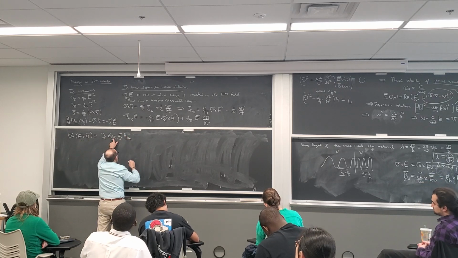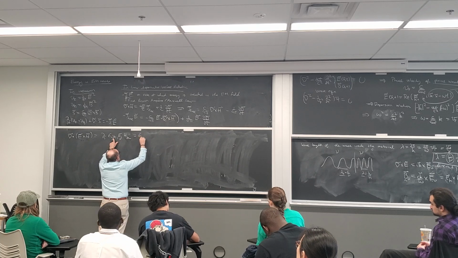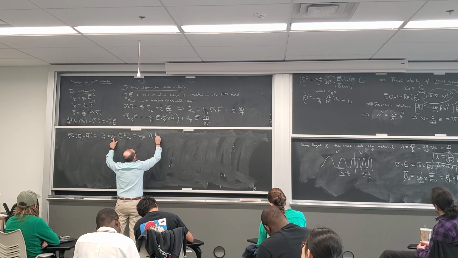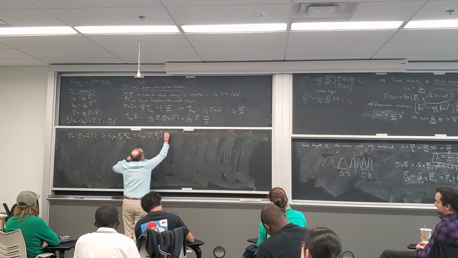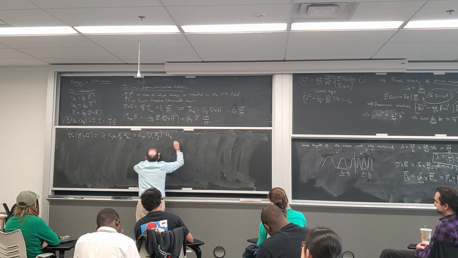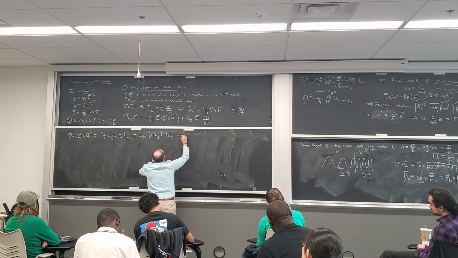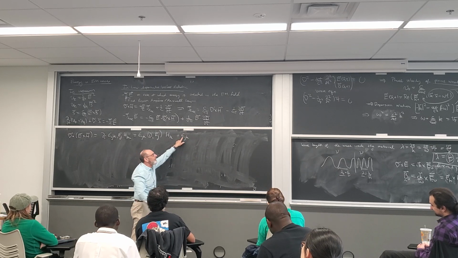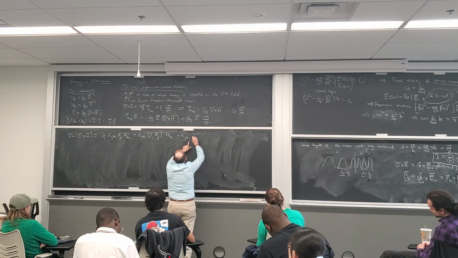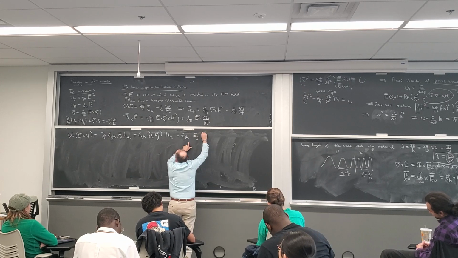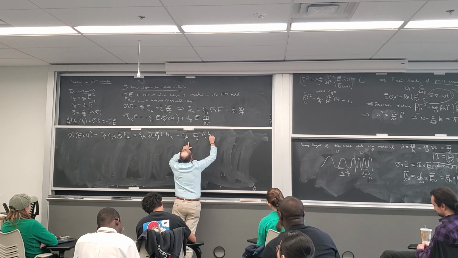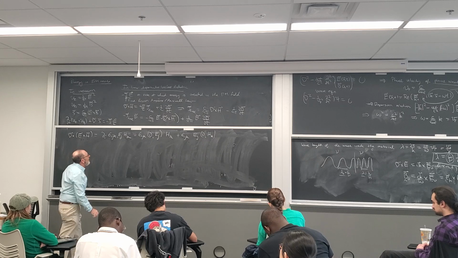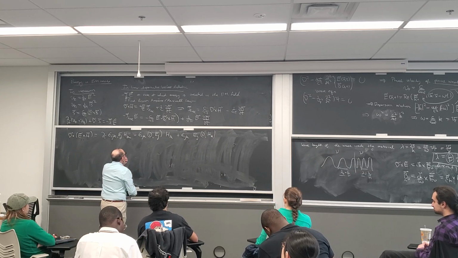And the derivative comes through that, and I get epsilon ijk partial i Ej Hk plus epsilon ijk Ej partial i Hk. This epsilon has nothing to do with the dielectric constant. All right? And so what is this?